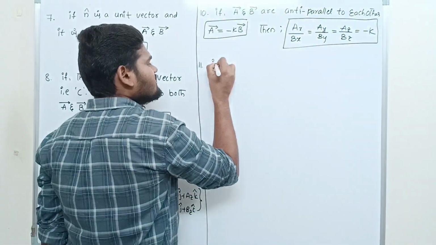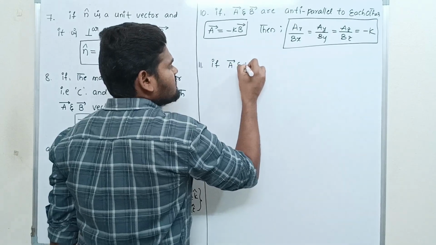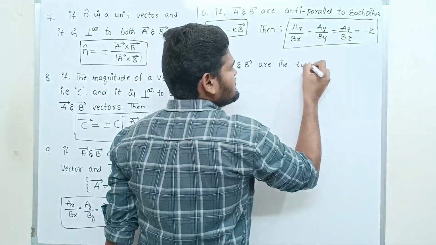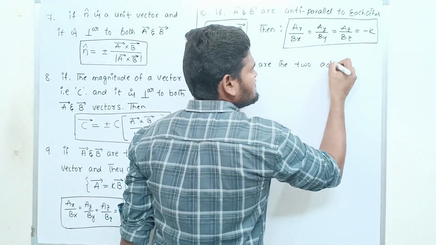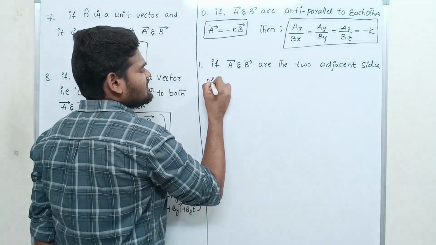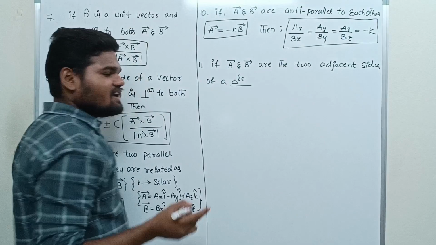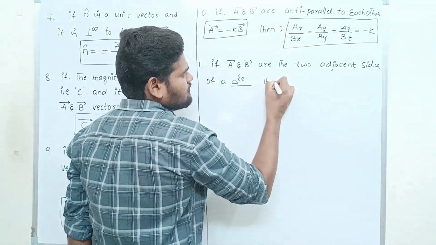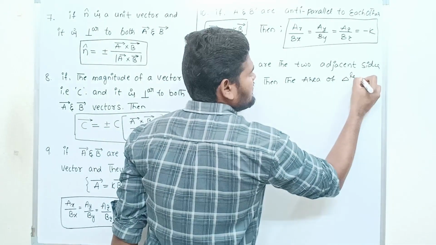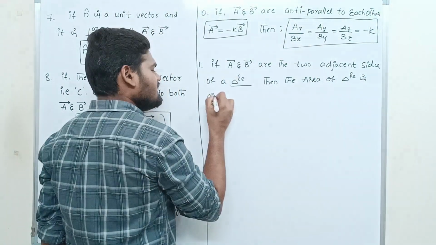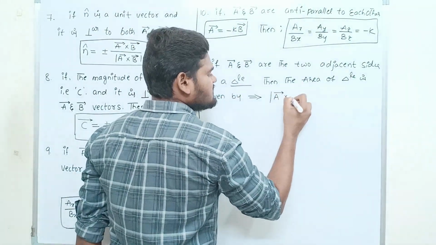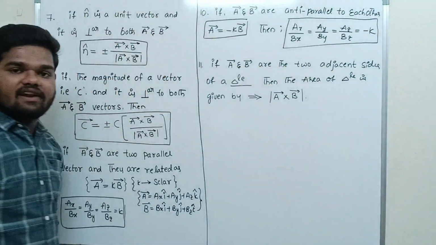If A bar and B bar are the two adjacent sides of a triangle, then the area of the triangle is given by magnitude of A bar cross B bar.